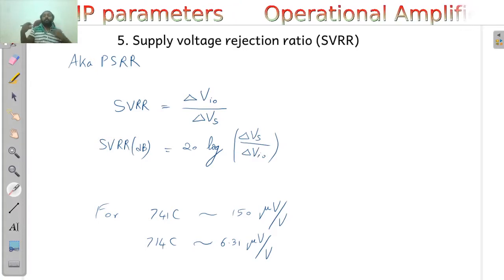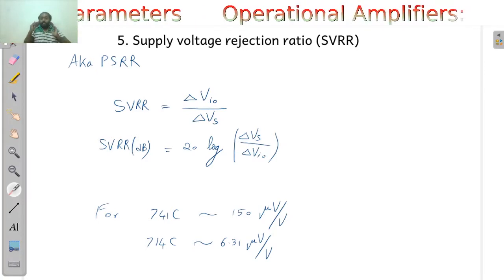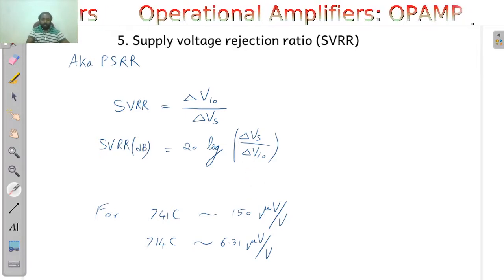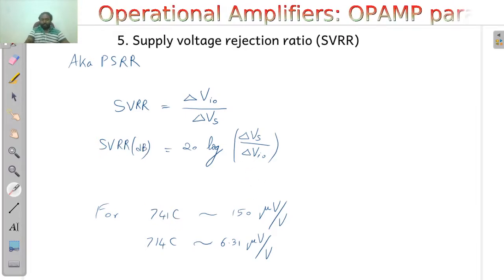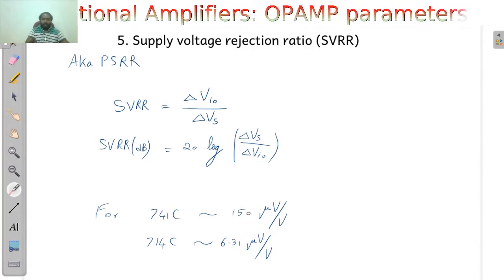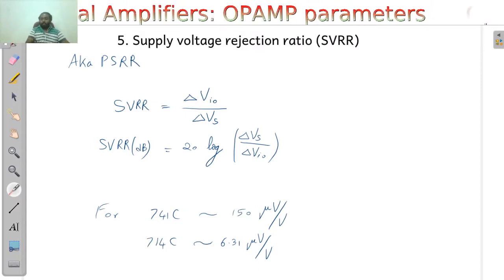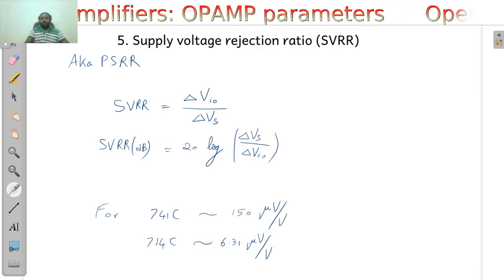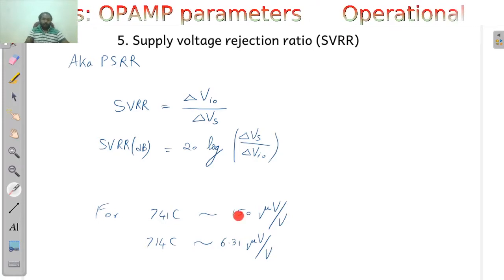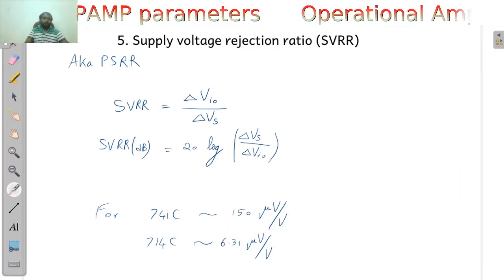So in the case of an ideal operational amplifier, it should be infinity. In the case of the 741 series, it is around 150 microvolt per volt in the linear scale, and in the case of the 714 series, which is a precision operational amplifier, it is 6.31 microvolt per volt, which is a much better option that you can have.